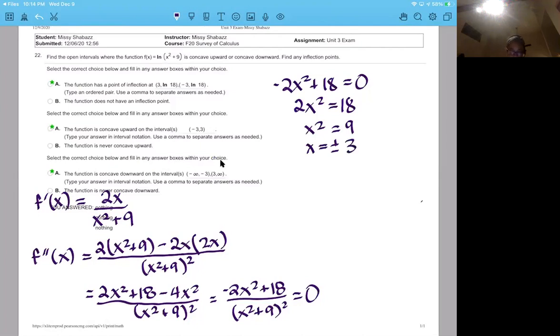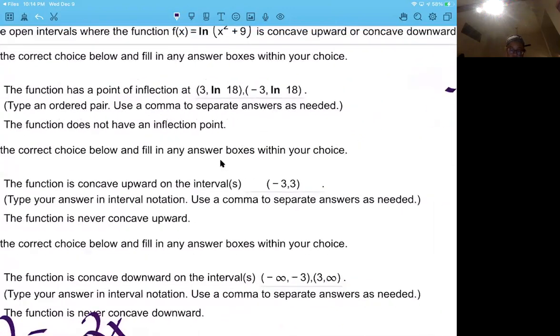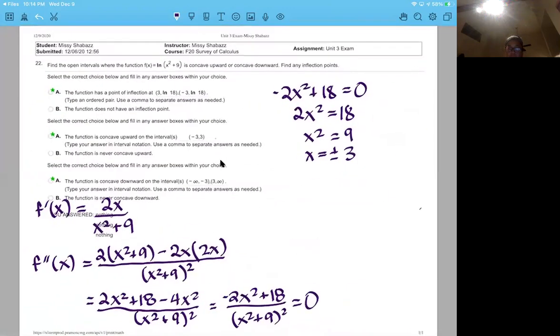And then it says type an ordered pair. So they want the x and y value as an ordered pair. So for the x value 3, if I plug in f of 3, I get natural log of 3 squared plus 9, which is natural log of 18.